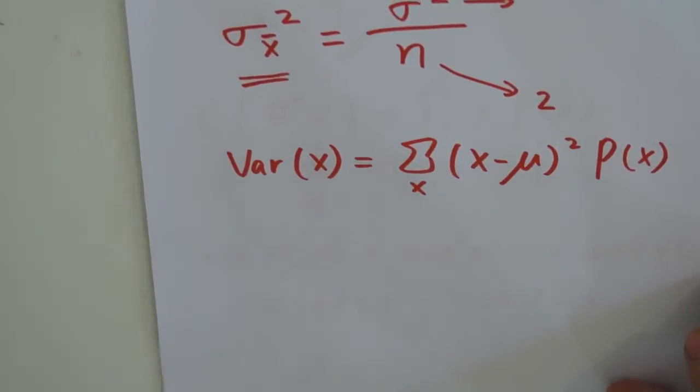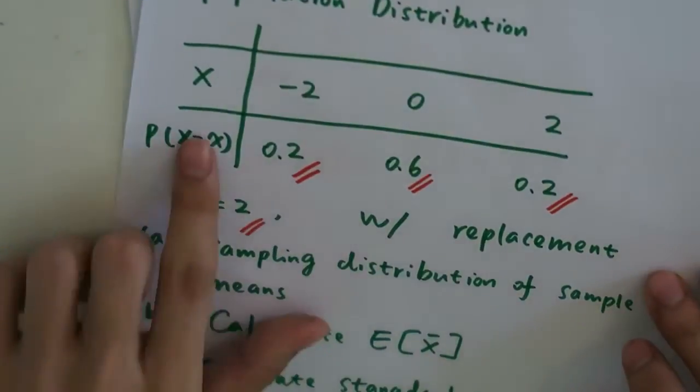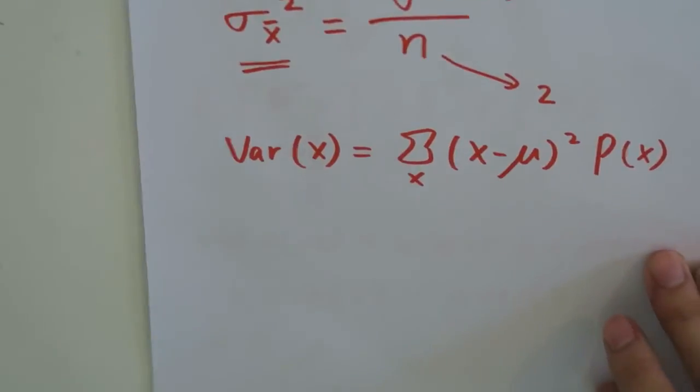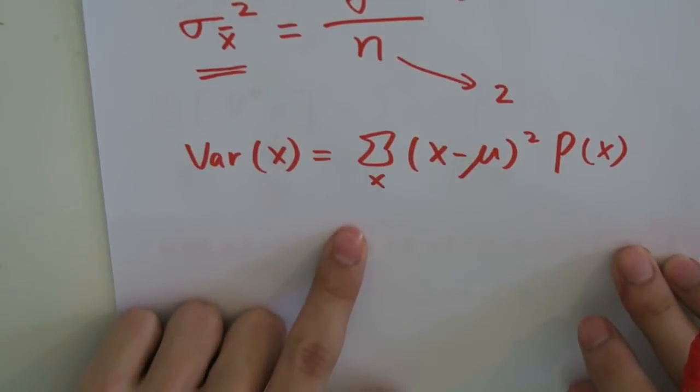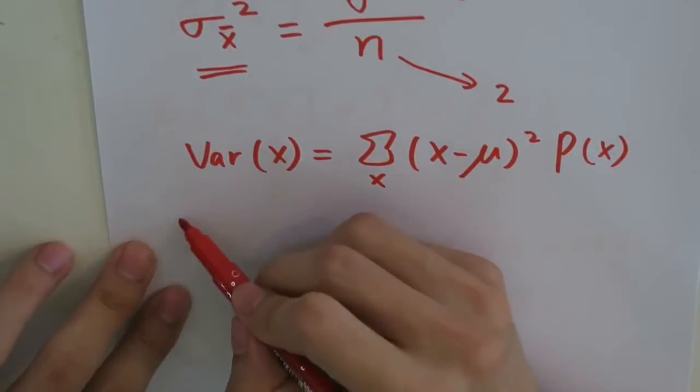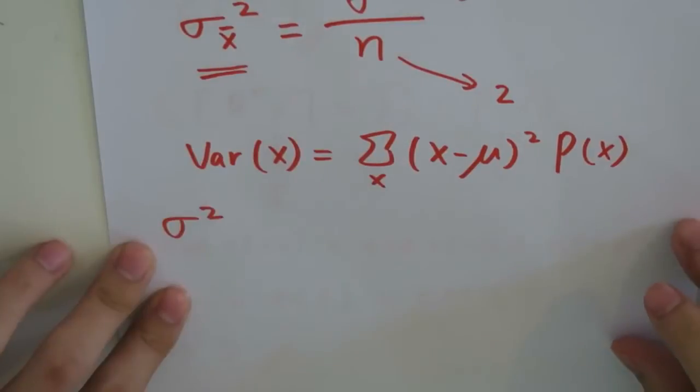Now we substitute these values into this formula, then we can get sigma squared, which is a population variance.